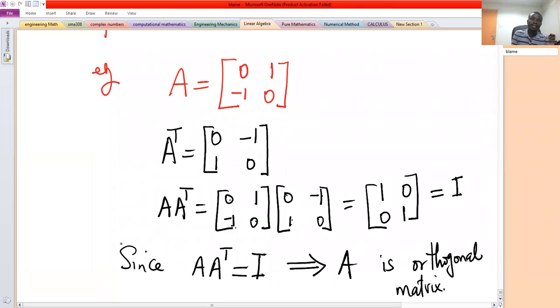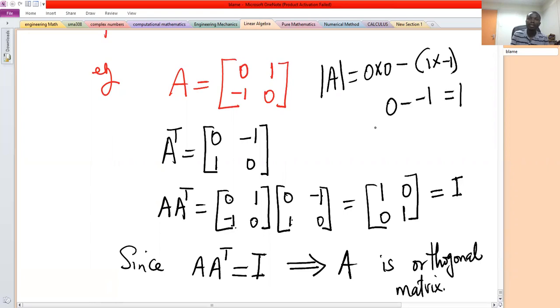And you see that the determinant of this matrix A is 0 times 0 minus 1 times -1, which is 0 minus -1, which is 1. So therefore, A is proper because it is orthogonal and also has determinant 1.